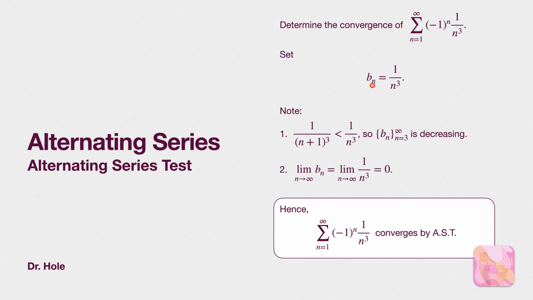Note that if we were to sum up just the Bn's, we would have a p-series with p equaling 3. What do we know about a p-series with p equaling 3? 3 is strictly bigger than 1, hence it converges. And then for the alternating p-series with p equaling 3, the alternating portion just helps it converge that much faster.